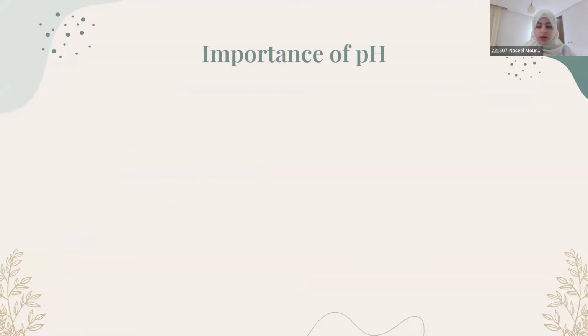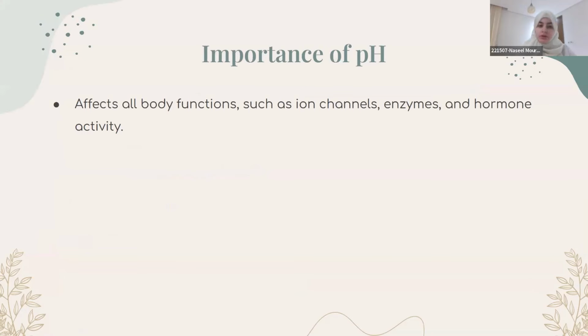Now, why is pH important? We've talked about this a lot. pH basically regulates all the body functions, okay? There are enzymes and ion channels and hormones. All of these function at certain pHs, and so you need to regulate this pH within a very narrow range in order to have the body functions working properly.